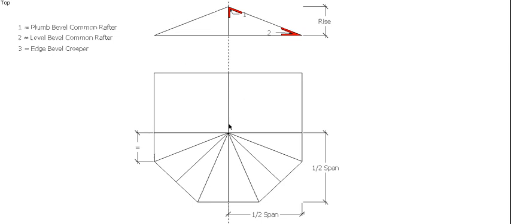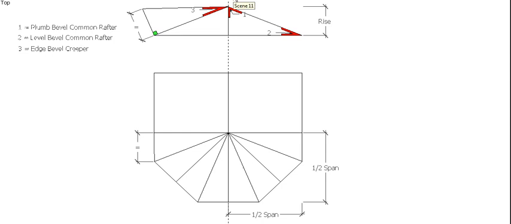So we develop that up the ridge line to there, come up here at 90 degrees to our true length, same distance as here, extend that through to the apex, and that gives us bevel 3, which is our edge bevel for our creeper.